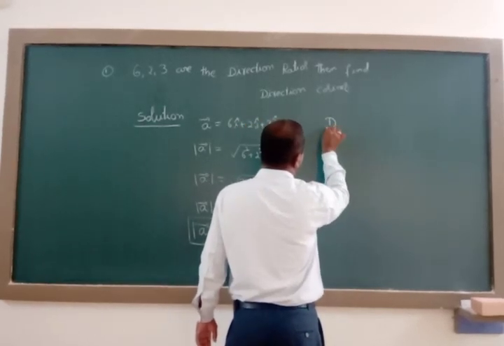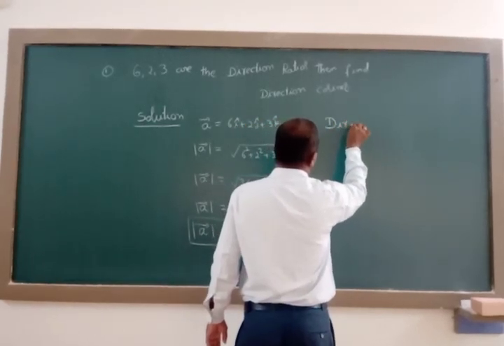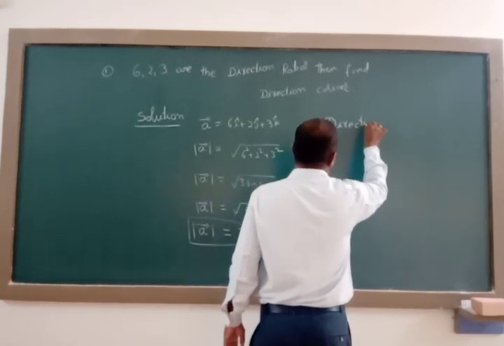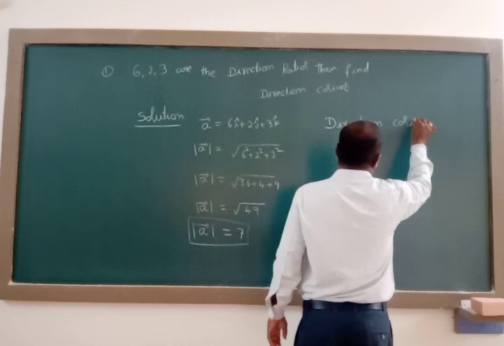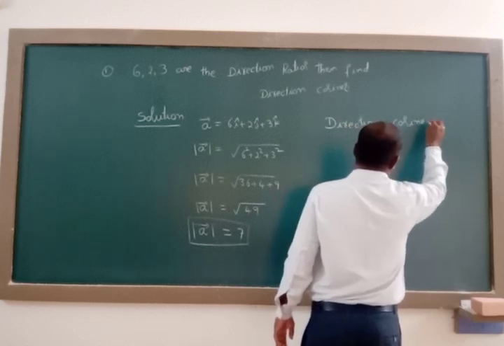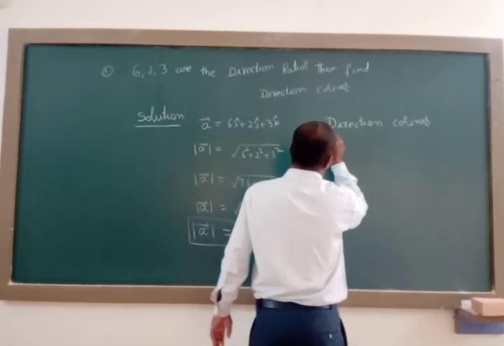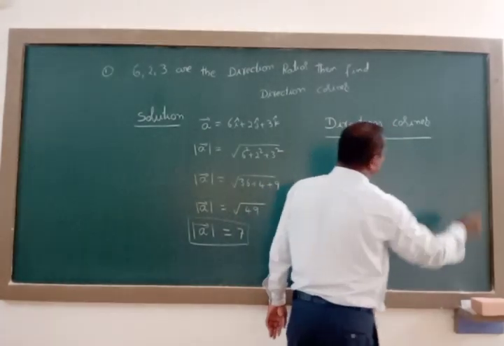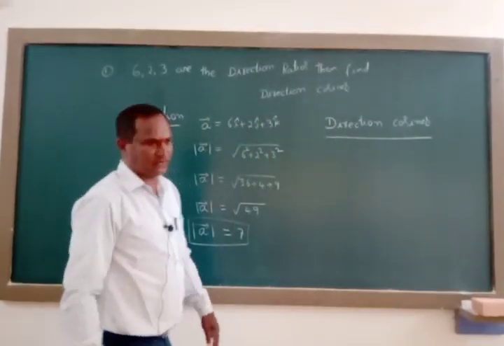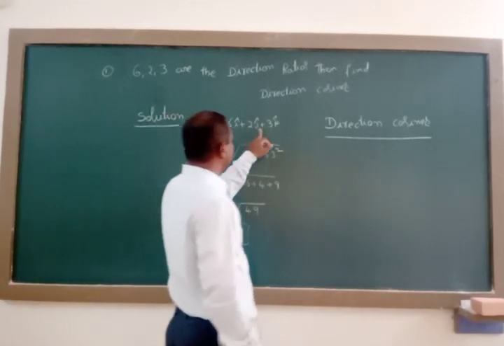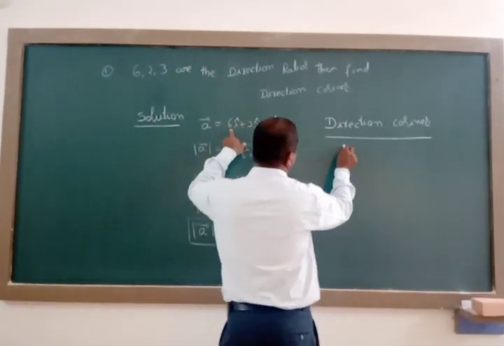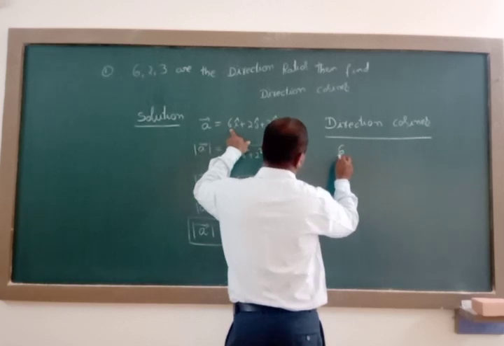Then direction cosines, they are asking direction cosines now. Direction cosines means i coefficient divided by its magnitude, j coefficient divided by its magnitude and k coefficient divided by its magnitude. The coefficients of i cap, j cap and k cap are here 6, 2 and 3 respectively.